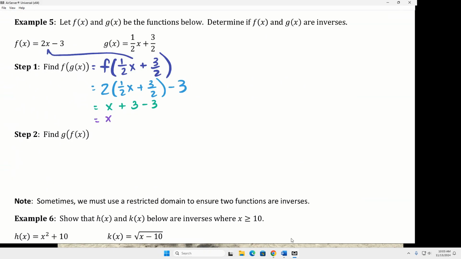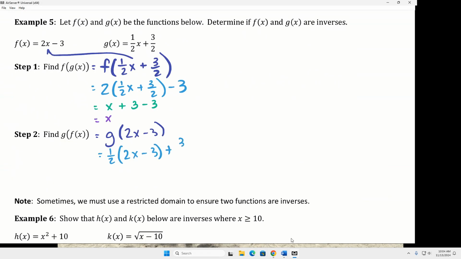All right, and then we need to do it the other way also. Now, if you haven't been here, then you might not really know what compositions are, but you'll get caught up eventually. All right, so this time we are going to put f into g. And everything I put into g, I'm going to multiply by 1/2.